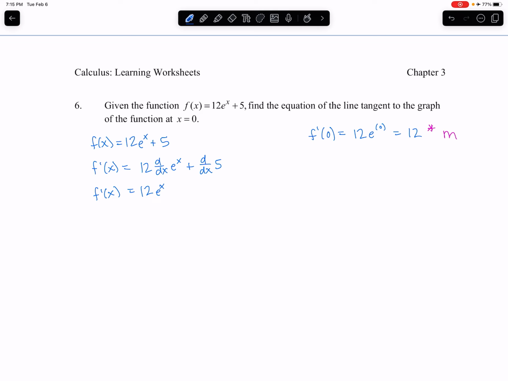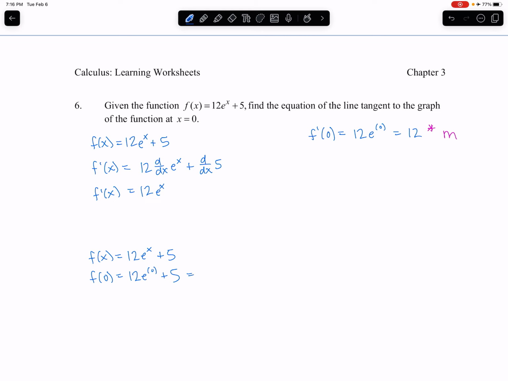Now, let's find the y-coordinate that goes to this x value of 0. That way we have a point, x and y. So we'll take our equation, f of x equals 12e to the x plus 5, and we'll substitute in our x value of 0. 12e to the 0 plus 5.